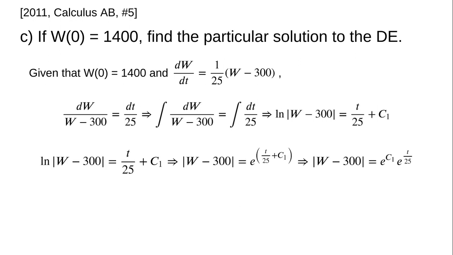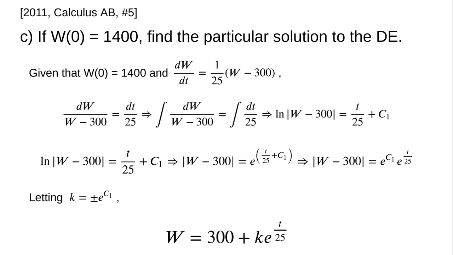All right, so if we simplify this, exponentiating both sides, we get the absolute value of W minus 300 equals e to the t over 25 plus C1, which means that the absolute value of W minus 300 is e to some constant times e to the t over 25. At this point, we technically don't know whether we need a positive version or a negative version of this function.